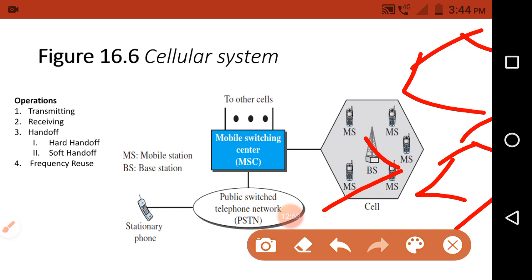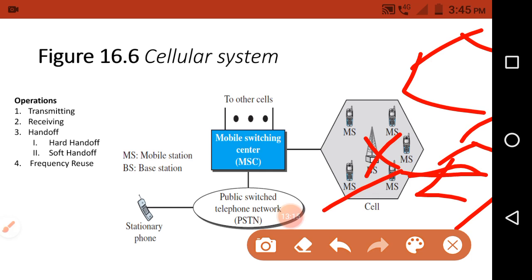During the call, this mobile station will move to another cell. Whenever the mobile station moves to another cell, the strength of the signal becomes weaker.